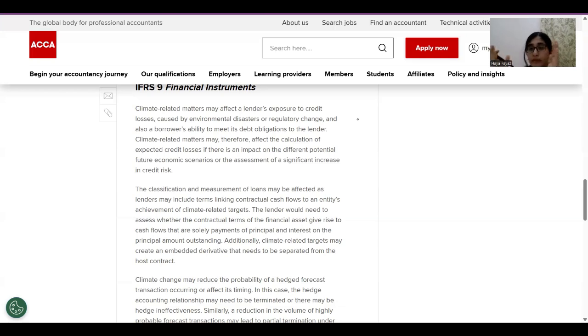Now they have to record lifetime expected credit losses because the borrower is clearly not able to pay. He is going to default for sure. And that is happening because a climate related matter has affected his business. Some disaster has taken place. So you would have to assess that as well. It's not like the disaster has only affected the borrower, it has affected you as well. You will have to increase your ECL, which means you will have to record a higher expense, and therefore your profit will also reduce. So you should know the impact that way as well.